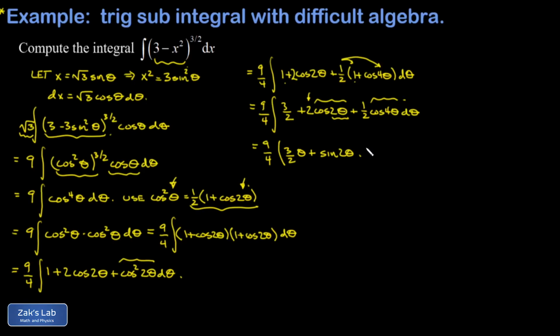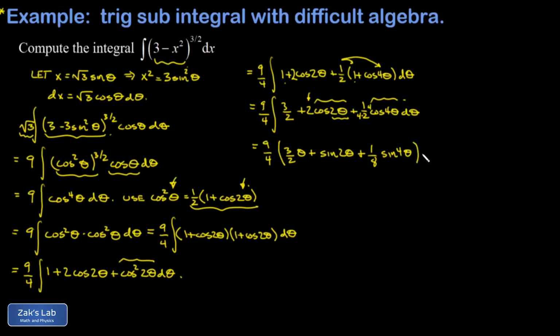When I differentiate sine 2 theta, I get cosine 2 theta times 2, so it works. A similar thing is going on in the cosine 4 theta term, but I need to get a 4 out in front to prepare it to integrate, and that means dividing by 4 out in front of the entire thing. And so I end up with a 1/8 sine of 4 theta. There will be a plus c on that, but we have plenty of work to do before we state our final answer.